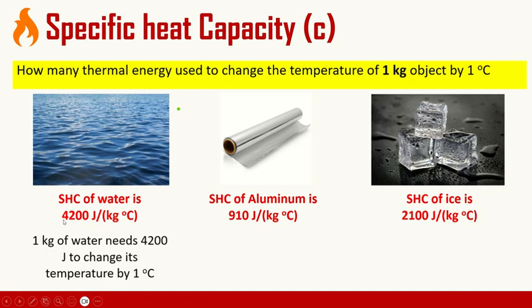Based on this number, it's 4,200 joule to change its temperature by 1 degree Celsius. See, in this definition, you really have to talk about the kilogram, the mass. Now, with the same pattern, what can you write for aluminium and the ice? Okay, I'm going to give you like 10 seconds to make your own sentences.